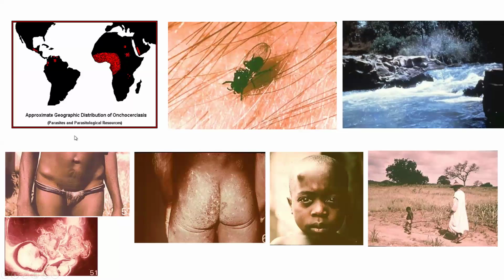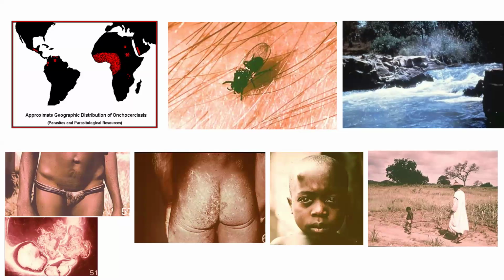So this patient had onchocerciasis, which is a filarial infection found in Africa and the Arabian Peninsula in the Yemen, transmitted by biting flies of the Simulium genus, commonly known as black flies.